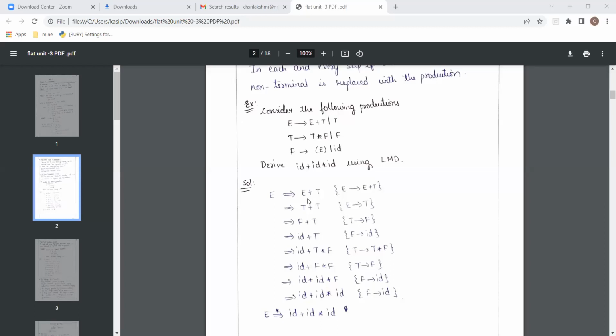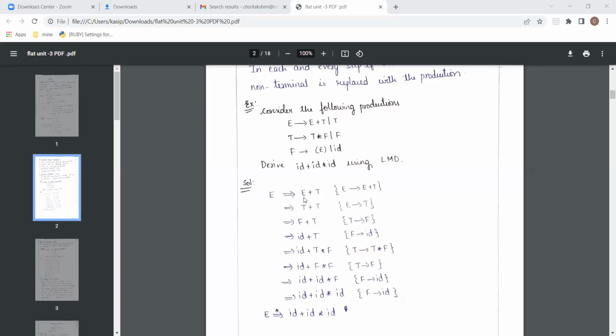See here, it is E tends to E plus T by T, and T tends to T into F by F, and F tends to E by ID. Here I am going to do the leftmost derivation.